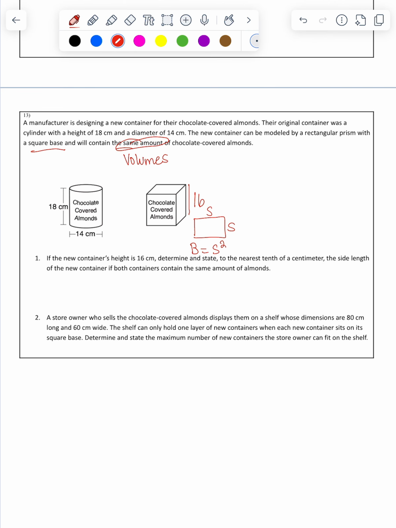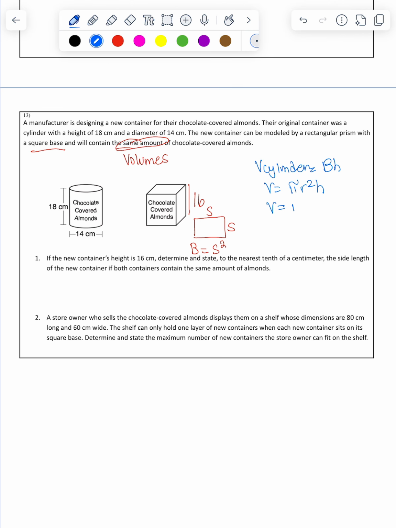Also, since both containers have the same volume, if I find the volume of cylinder one, then I know what the volume of the rectangular prism has to be. So I'm going to start off by finding the volume of the cylinder, which is capital B times H. Since it's a circle base, that would be pi r squared times height.